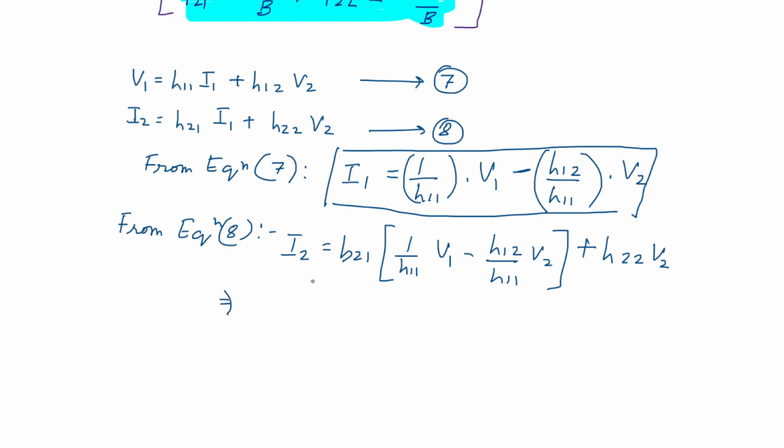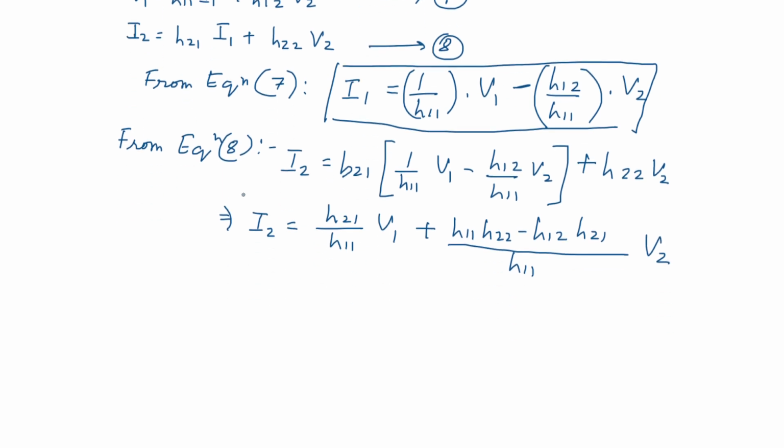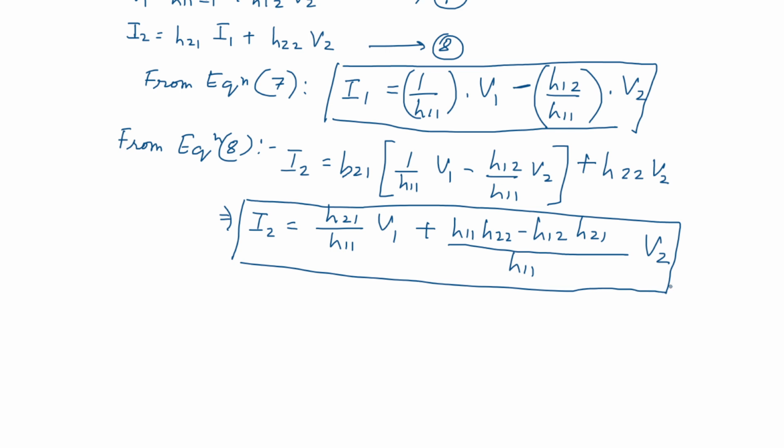So simplifying this, I2 should be equal to H21 by H11 V1, that is the first term. Then the second term will be (H11 H22 minus H12 H21) divided by H11 into V2. So this is another important equation for us to understand the relationship between admittance parameter and hybrid parameter.